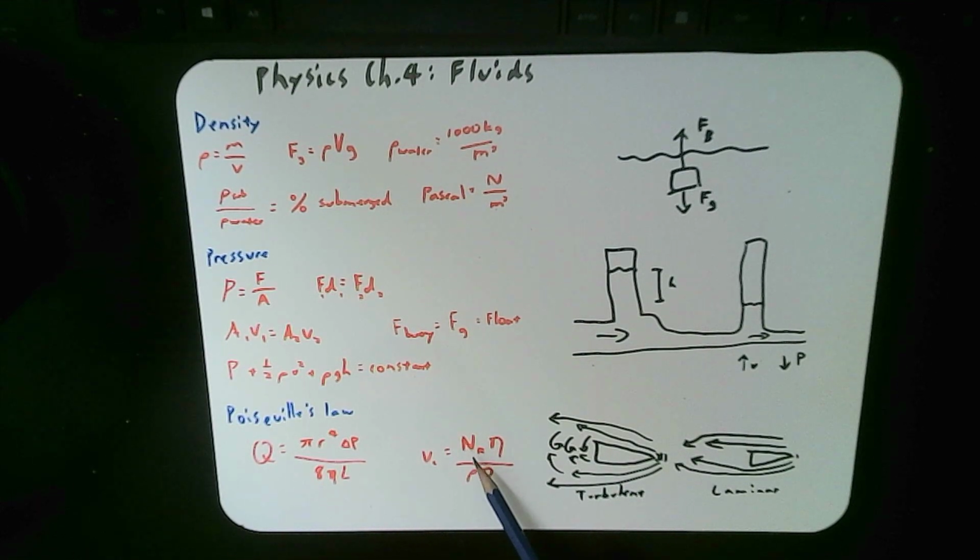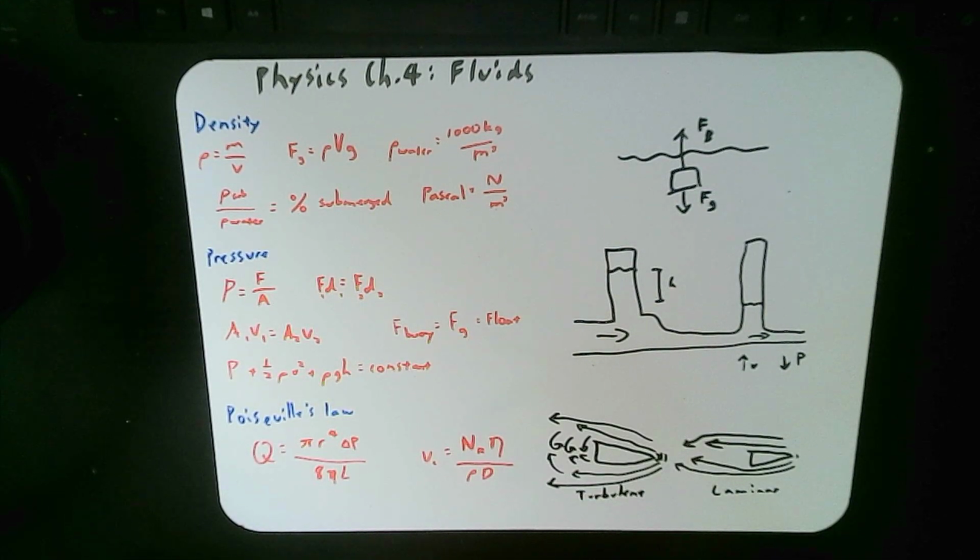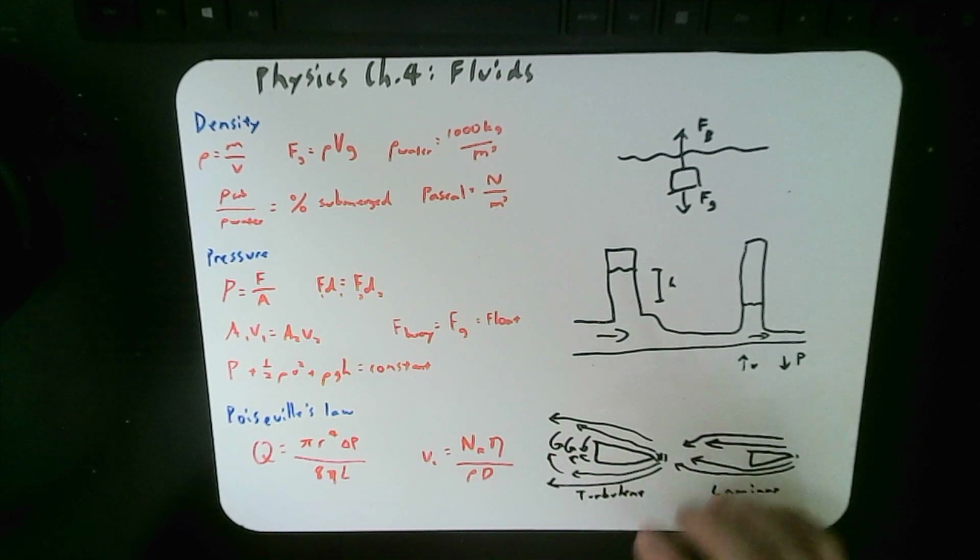So this talks about the Reynolds number, NR, Reynolds number. This is viscosity, and this is the density of the fluid times the diameter of the tube it's contained in, or the diameter of the object. Now, this describes turbulent flow or laminar flow within a tube, so it may be within a containment.